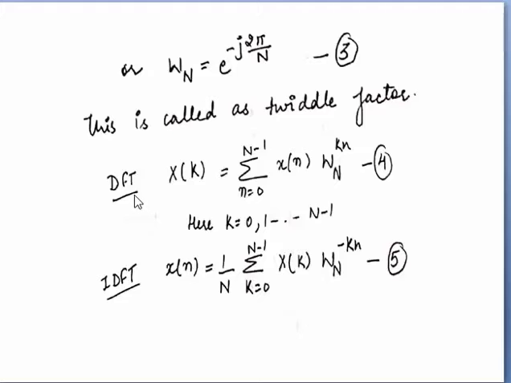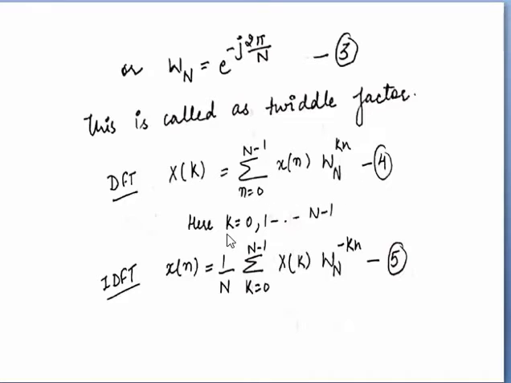Equation 3 becomes, the formula of DFT is X of k is equal to summation n from 0 to N minus 1 of x of n W_N raised to power kn, equation number 4. That is the formula of DFT in terms of twiddle factor W_N.